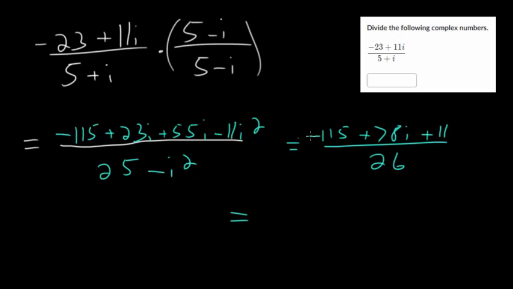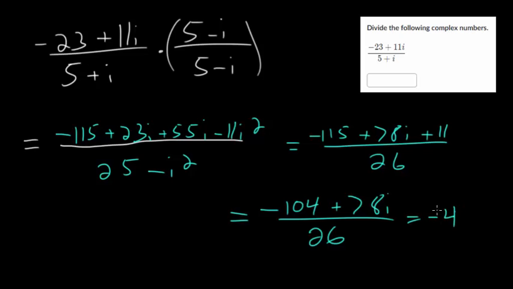Now, minus 115 plus 11 would take us to minus 104 plus 78i. And these are each divisible by 26. So minus 104 over 26 is minus 4. 78 over 26 is 3. So when we divide these numbers, you get a nice clean answer of minus 4 plus 3i.